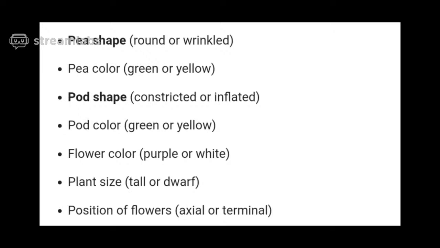It can adjust to any kind of environment, and it has more contrasting characters. It can go with self-pollination and cross-pollination, and if it goes with cross-pollination, it shows hybridization. Hence, he selected the pea plant.